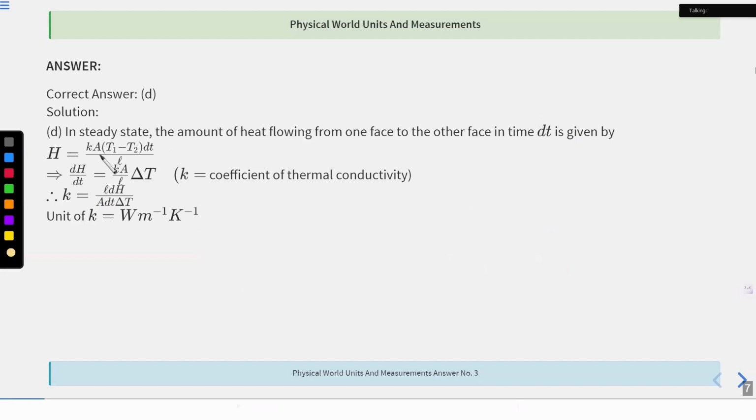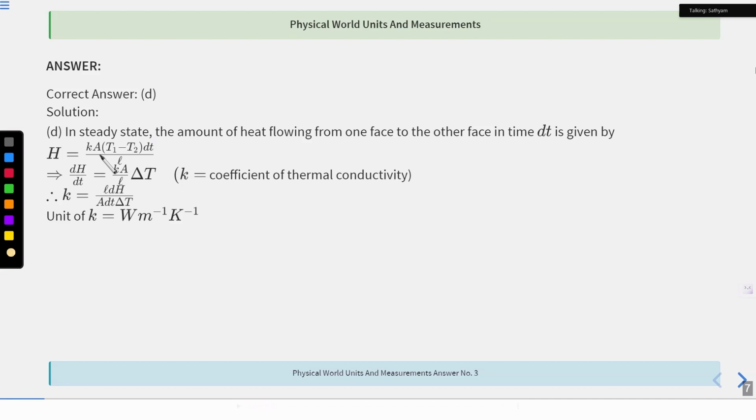Also, guys, one thing you have to note is that units and measurements is not a separate chapter all on its own. They can give you any chapter mixed with units and dimensions. They can bring magnetism, modern physics, and everything.